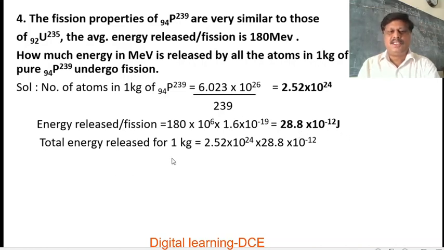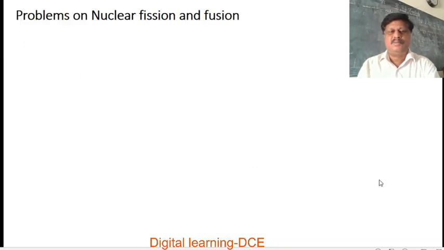So total energy released for 1 kg is number of atoms in 1 kg into energy released per fission, that is 2.52 into 10 power 24 into 28.8 into 10 power minus 12, which is equal to 72.576 into 10 power 12 joule.